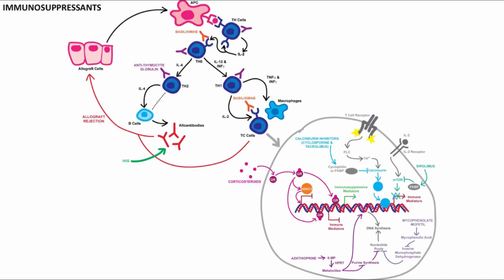And hopefully this video has highlighted a number of similarities across these different groups of agents, like mechanism of action or adverse drug reactions, that will be important themes you can use to help organize the different immunosuppressants and continue to become more and more comfortable with their pharmacology.